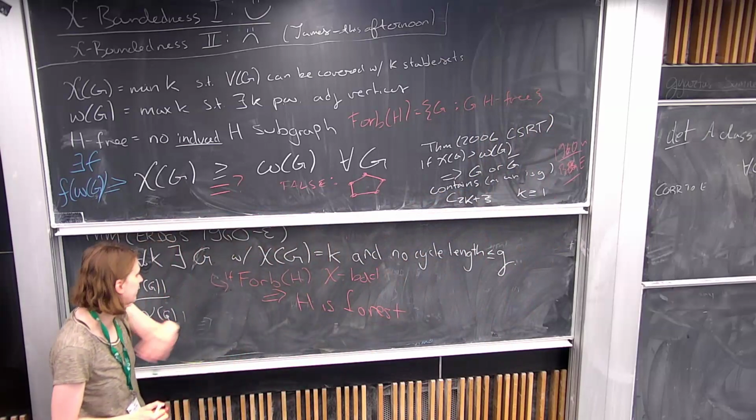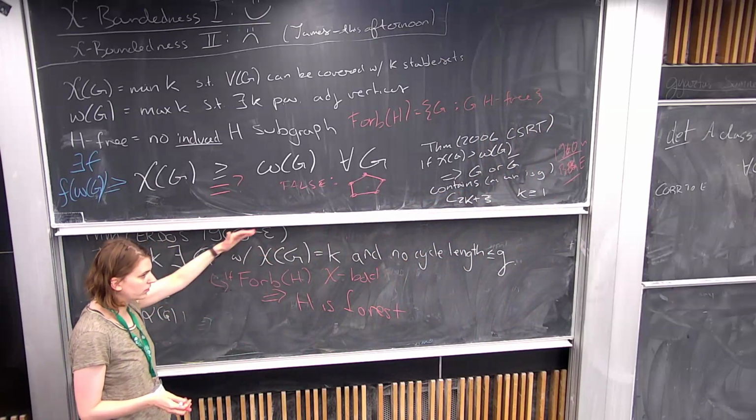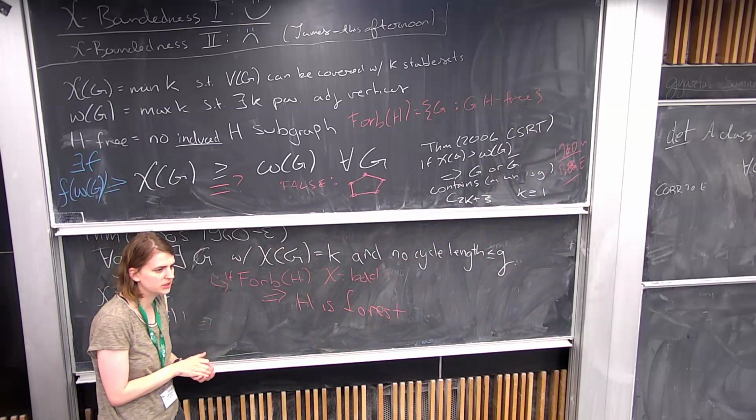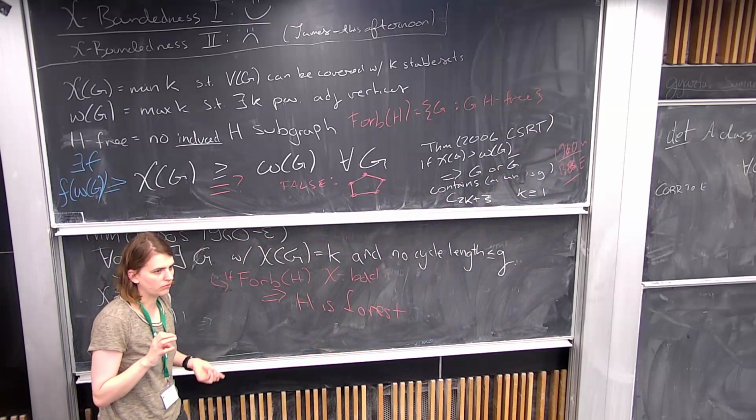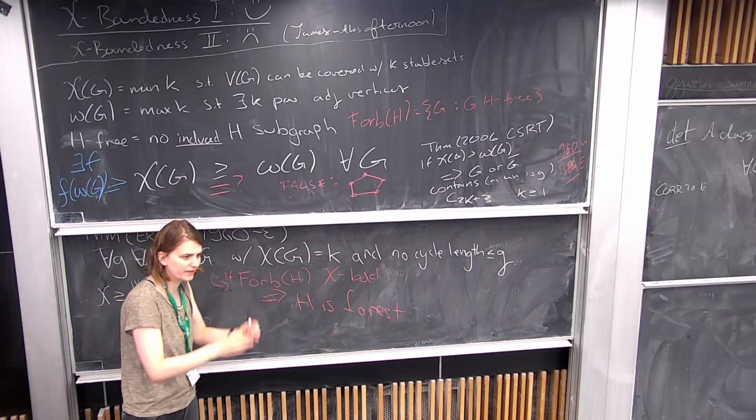Because if H weren't a forest, then if you look at all the graphs not containing H, all graphs of sufficiently high girth don't contain H, because H has some cycle that actually has a finite length.